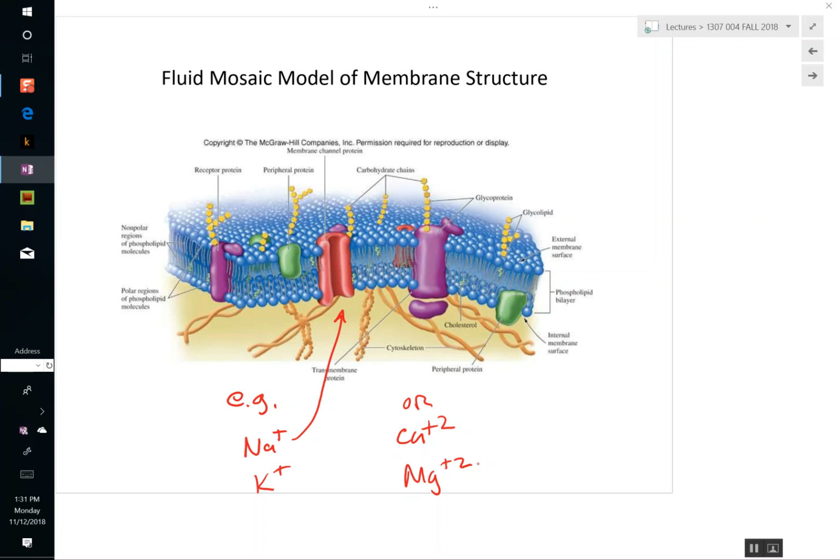So if you ingest something that has barium in it and it gets through your intestines into your bloodstream, it then plugs up the calcium magnesium channels in your cells and is very toxic, can be fatal, by blocking the transport of calcium and magnesium in and out of cells. So this is how this stuff works.